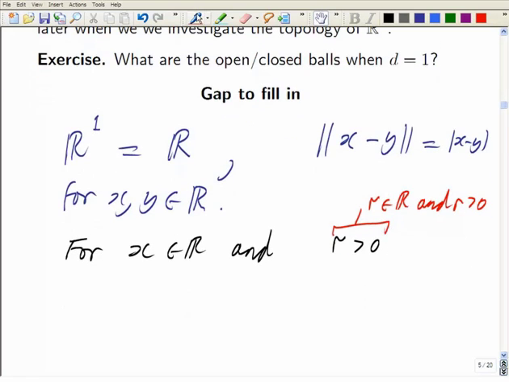Don't allow infinity. You have to figure out what is the ball in the real numbers, of course, centered on x, radius r.